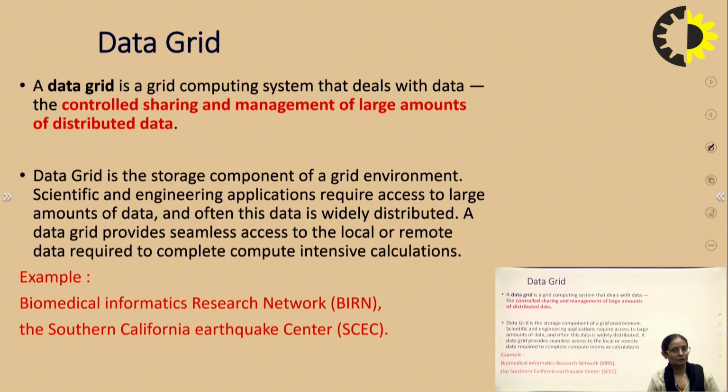We have genomics data and all these things, and often this data is widely distributed. A data grid provides seamless access to the local or remote data required to complete the compute-intensive calculations. For example, the Biomedical Informatics Research Network and the Southern California Earthquake Center. These are the examples where we require the data grid.